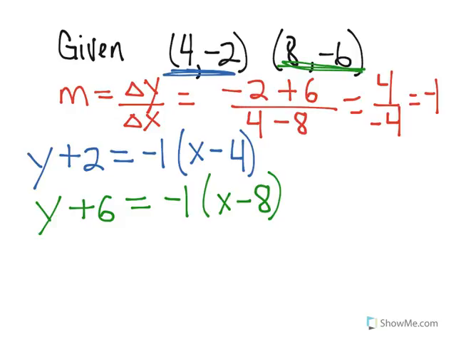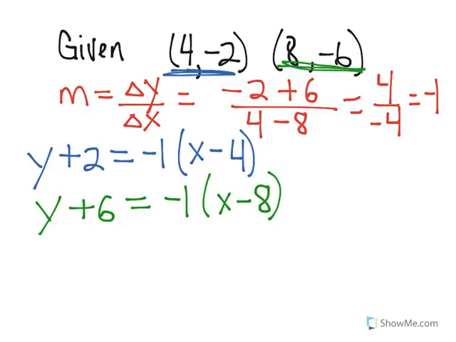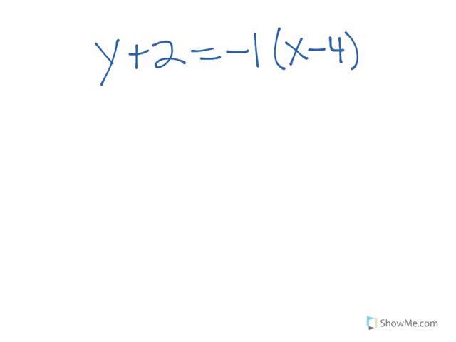Let's look at the blue equation. y plus 2 is equal to -1 times the quantity x minus 4. And we will change that to slope-intercept form.